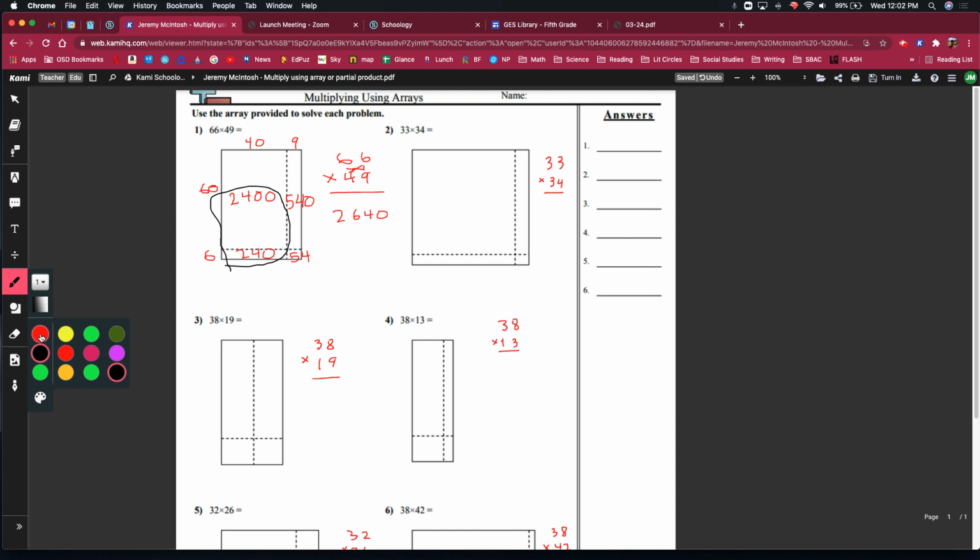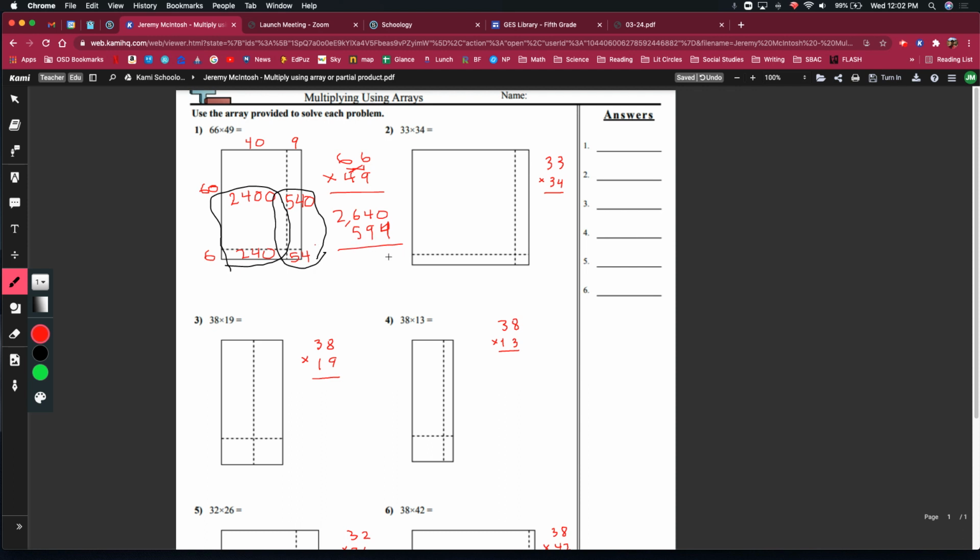And then I can add up 540 plus 54. I think I can do that in my head again. That would be 594. So just to save space, I'm writing those out like that. I just combined 2400 and 240, which became 2640, and 540 plus 54 is 594.